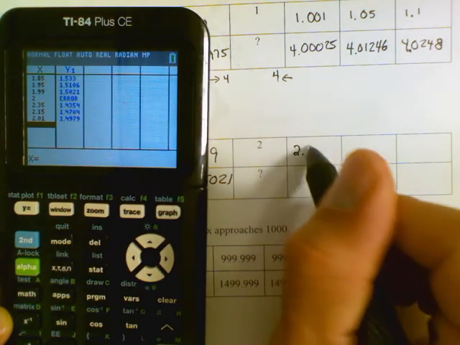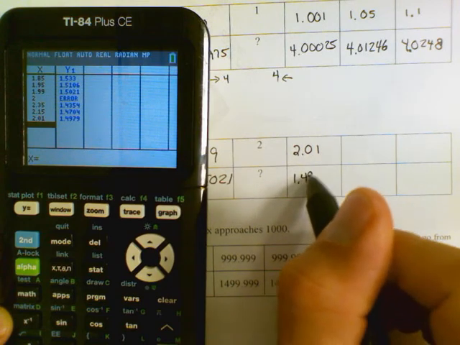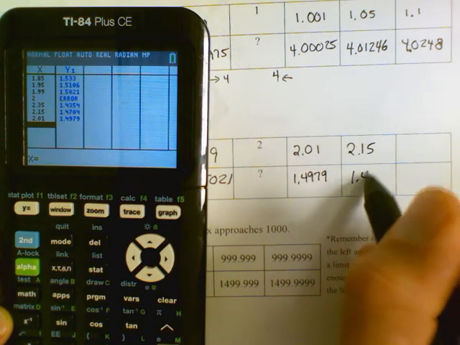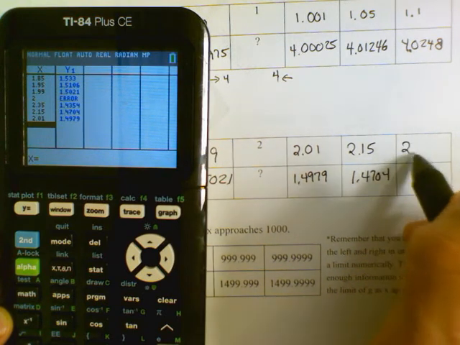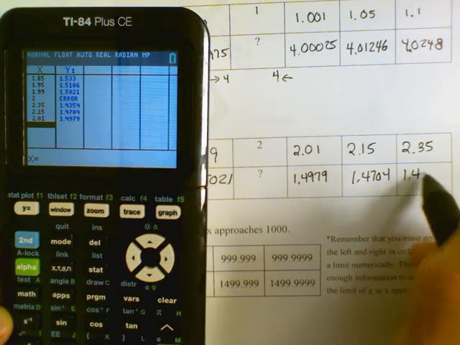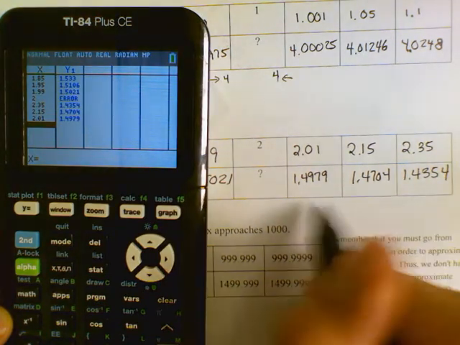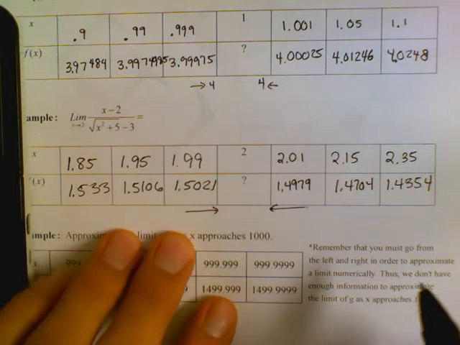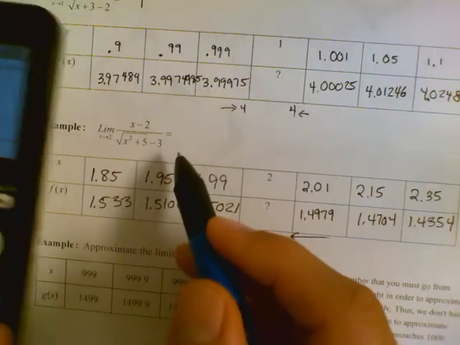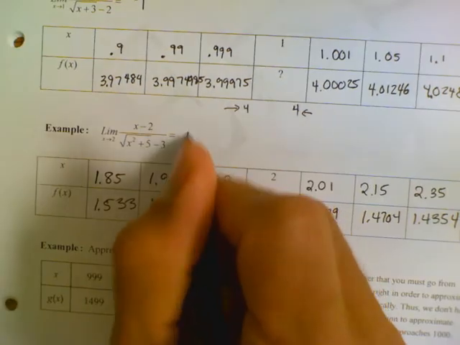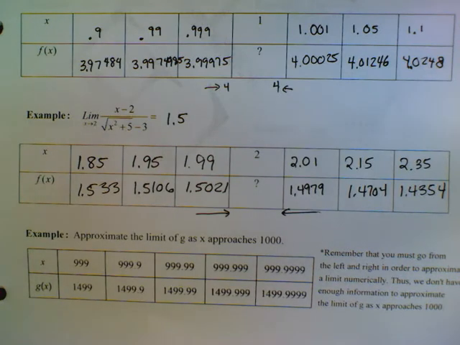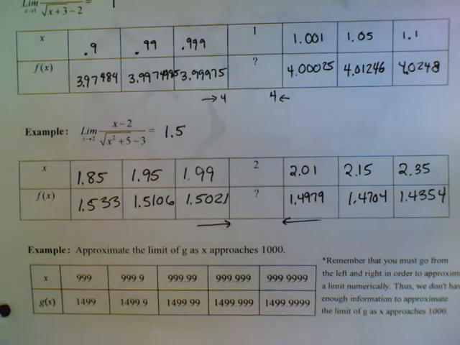So at 2.01, I get 1.4979. At 2.15, I get 1.4704. And at 2.35, I get 1.4354. So in this case, I'm getting closer and closer to 2 from the right-hand side, and I'm getting closer and closer to 2 from the left-hand side. So I know that the limit is 1.5. I think that is a pretty good estimate of the intended value of the function. Easy for me to say.